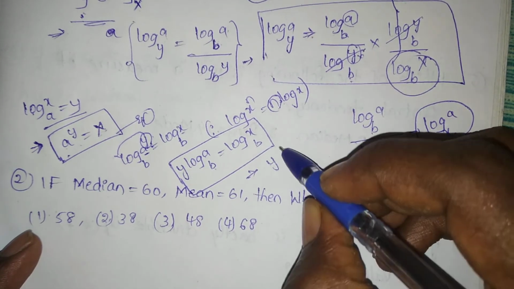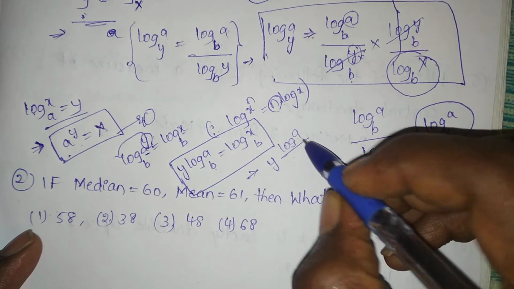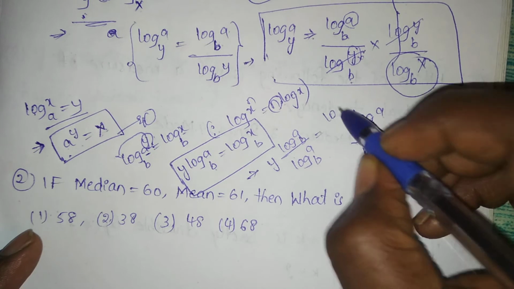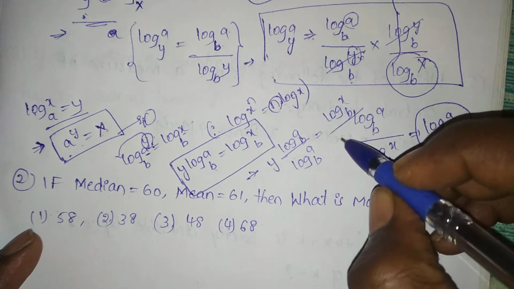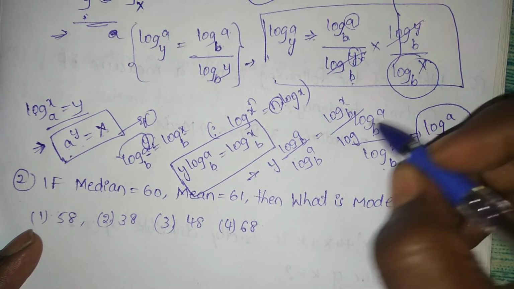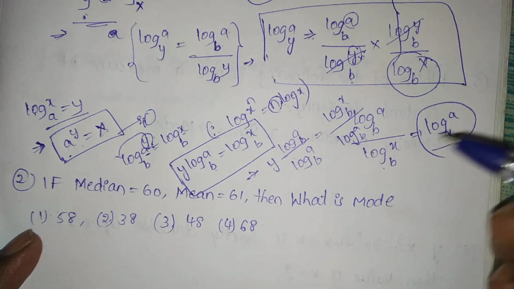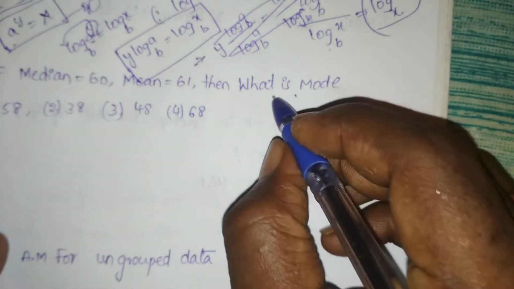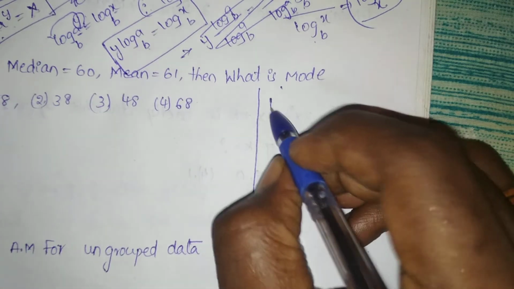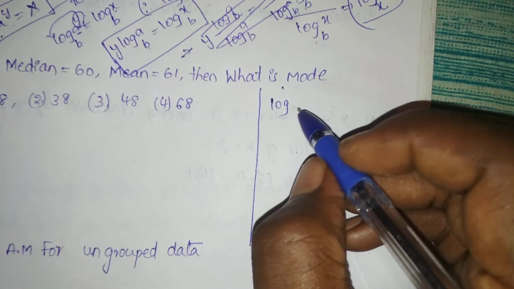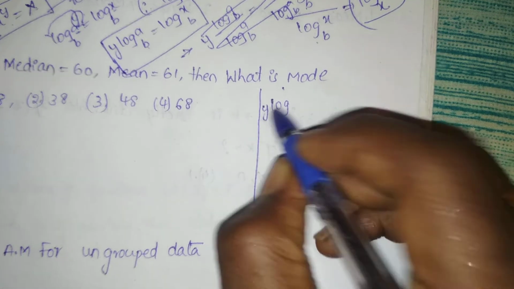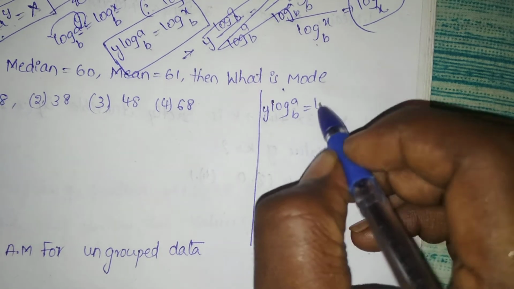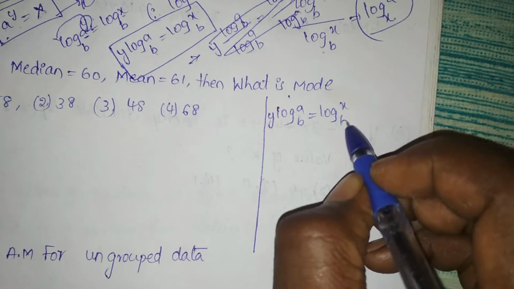We write this equation here: log a to the base b times y is equal to log x to the base b.